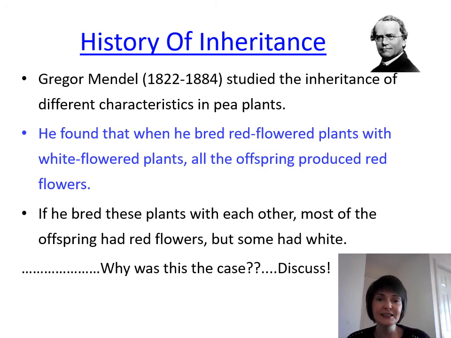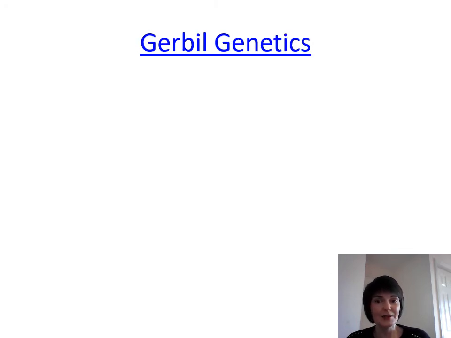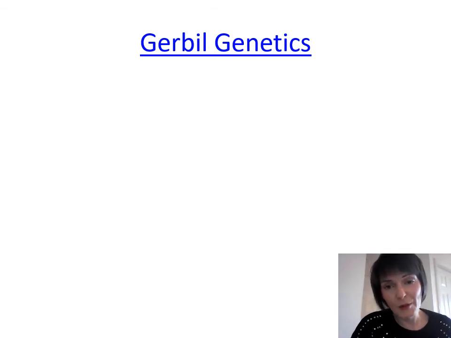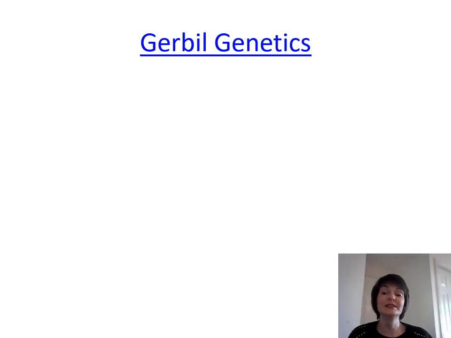And again, he found that when he bred red flowered plants with white flowered plants, all the offspring had red flowers. And again, why was that? You can look into that if you like, but it was just a genetics cross that we'll maybe get you to do later on.